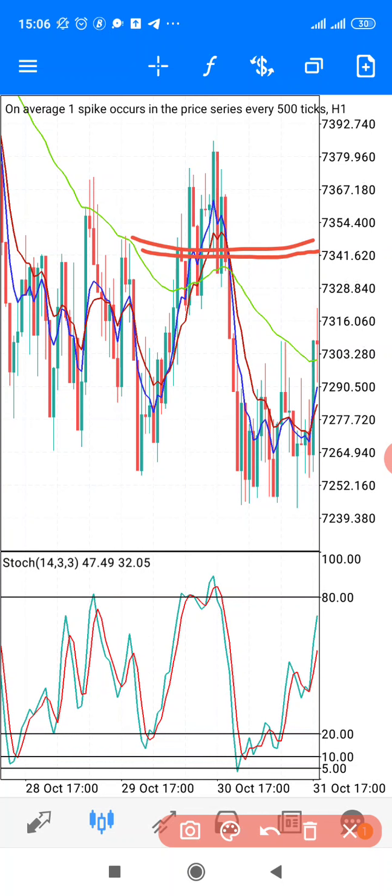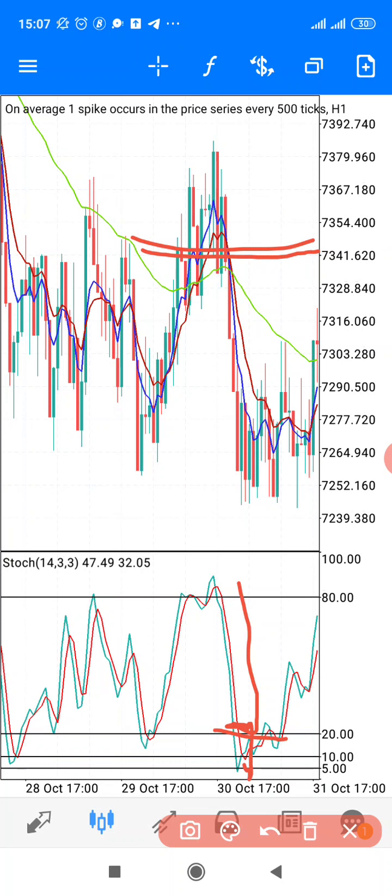You will come out when you see your stochastic at 20 or at 5. I believe you should get that, at 20 or at 5. So please save at 20. Why am I saying that?